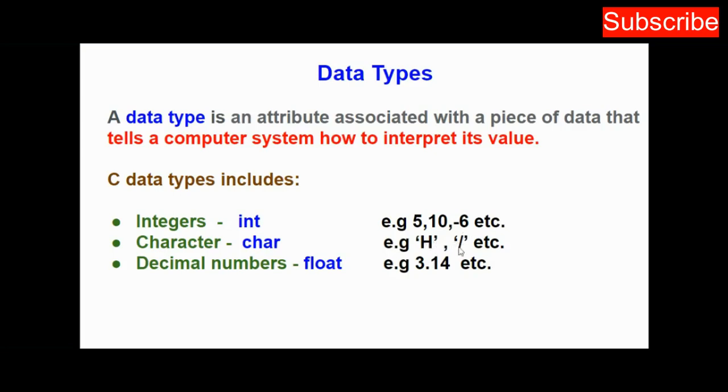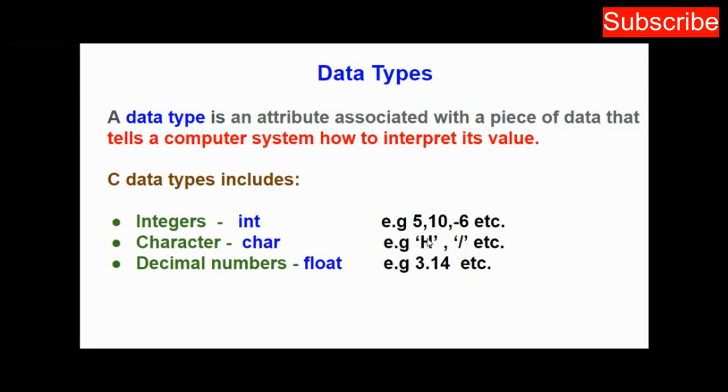Your backslash or your forward slash or any other character on your keyboard is seen as a character in C programming. So your backspace is a character. Your space bar is a character. Your open and close parentheses, all the letters of the alphabet, both lowercase and uppercase, are all characters, and they're usually written in single quotes.